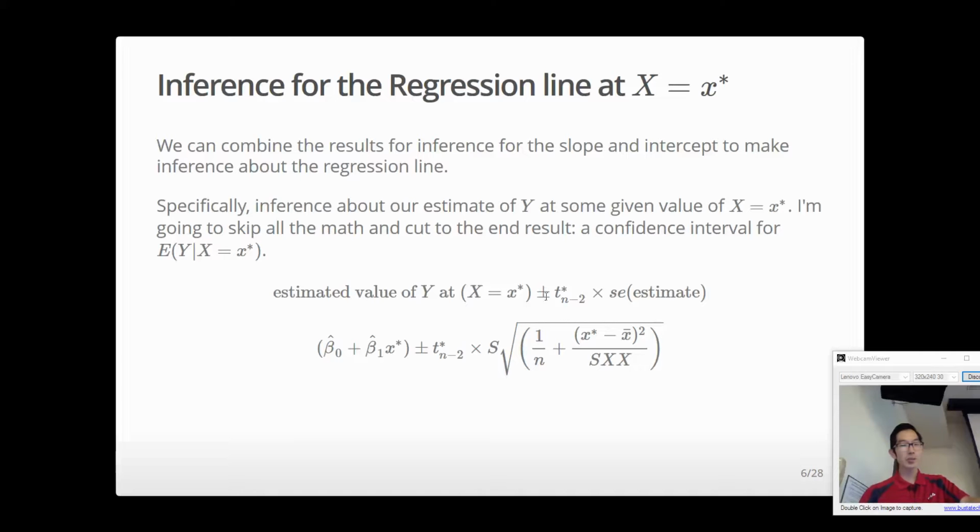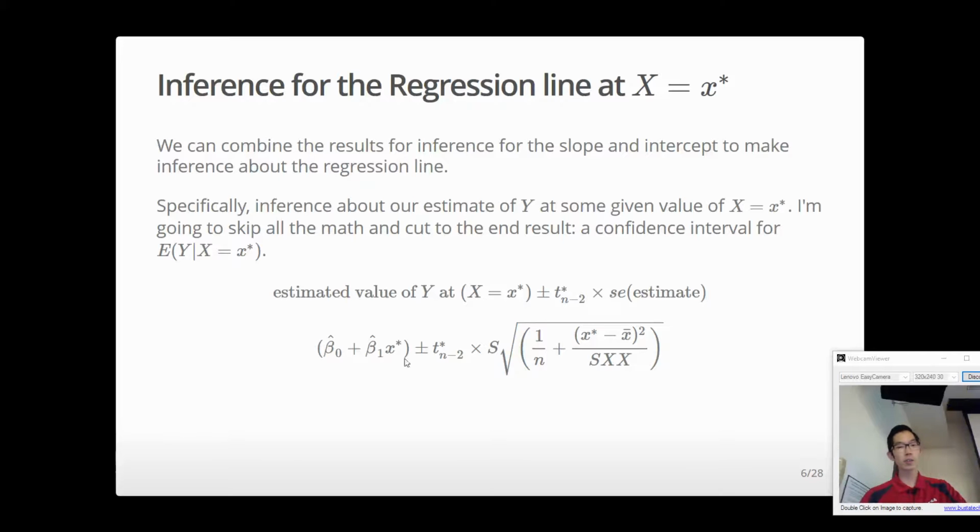Pretty much just like everything else, when we create a confidence interval, we've got the estimated value plus or minus the t star times the standard error. I've skipped the math here, if you'll forgive me, for the standard error of this thing. The derivation of this result is shown in the book, in section 2.7.